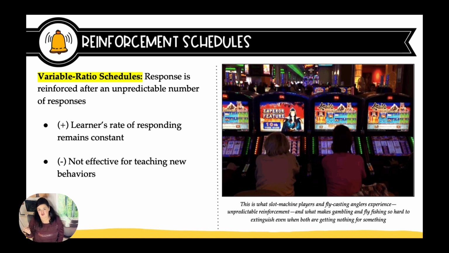Because in slot machines, players have no way of knowing how many times they're going to have to pull that lever in order to get their money back, let alone win. All they know is that eventually they will win something. But it's unpredictable. This is why slot machines are so effective. Players are reluctant to quit because they think the next one is going to be the big one. It's always a possibility that that next 5-cent coin will pay out $1 million.